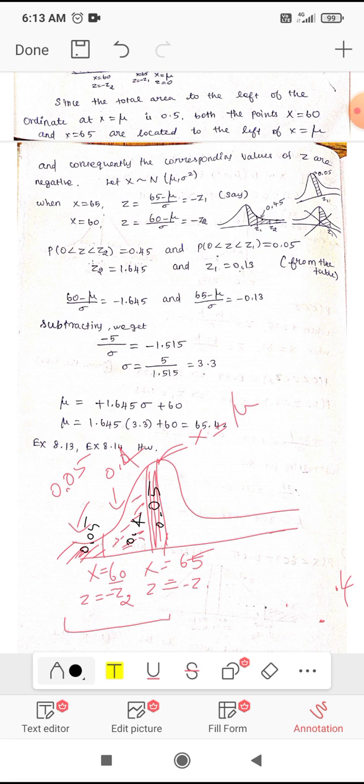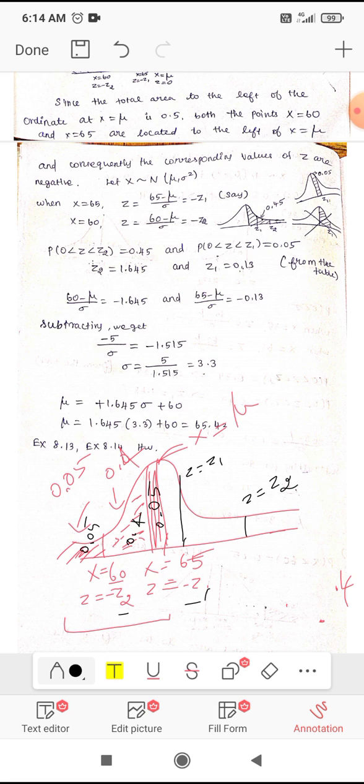So we have to find the value of mu and sigma. For that we have to find the values of z1 and z2. This is also the same for the right side, so I am going to consider this as z equal to z1 and this one as z equal to z2.